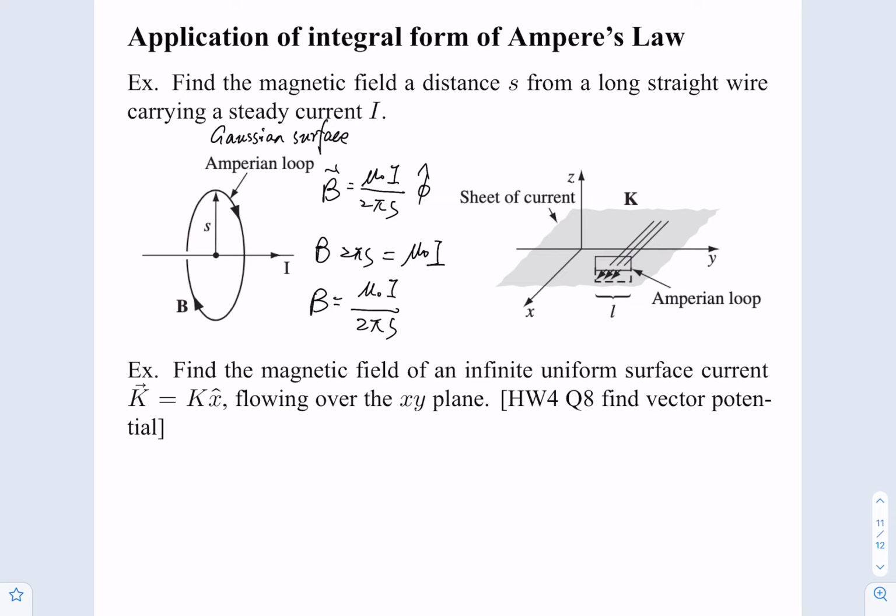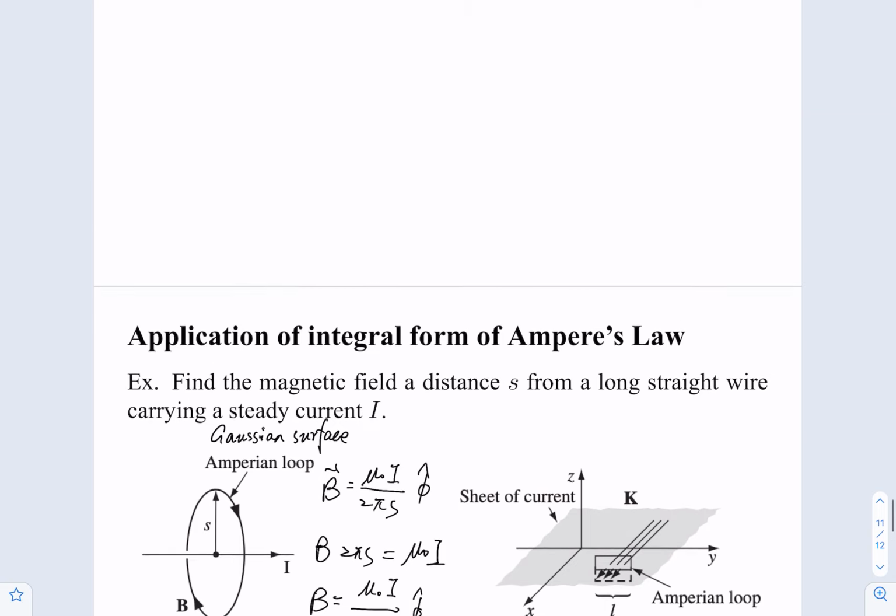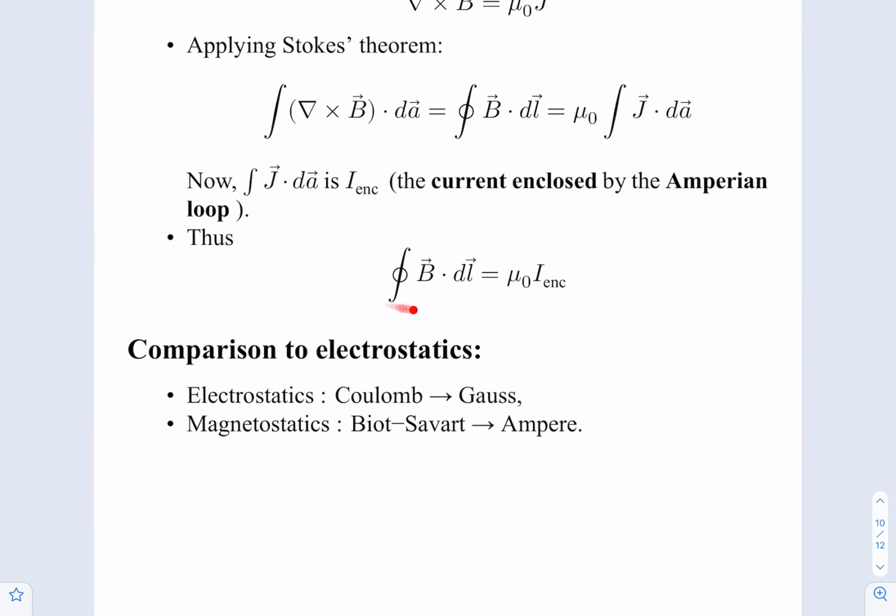You have to be careful about the direction of the B field. Here the B field is in the phi direction. In principle, you can get that from the right-hand rule, or from this integral alone as well, because the surface of the integration is directional, so you have to be careful about the sign of this I enclosed.